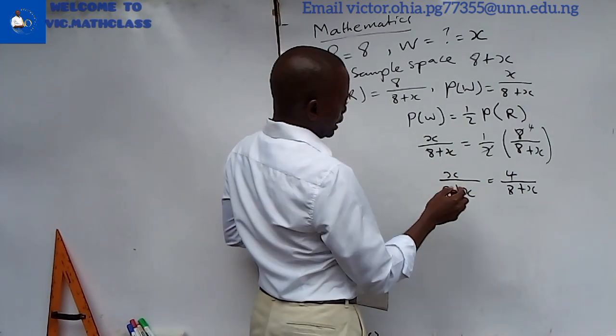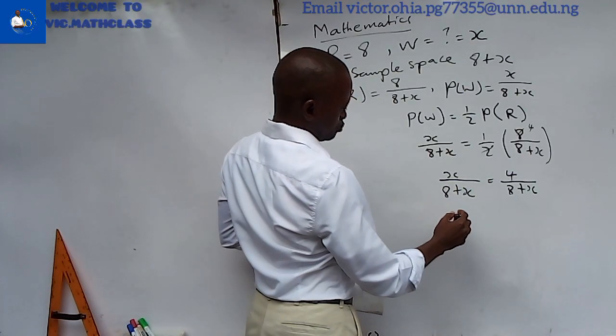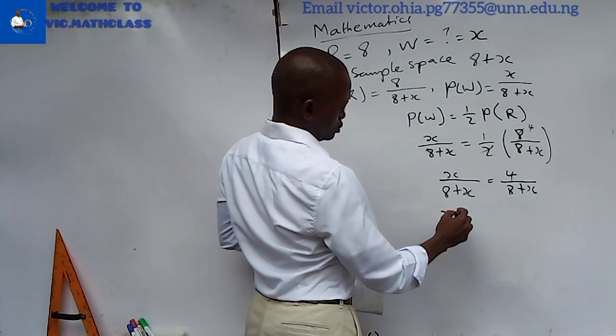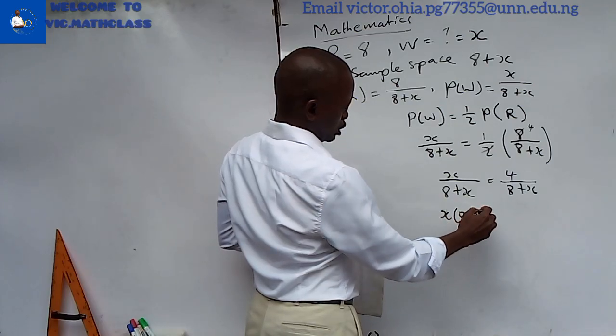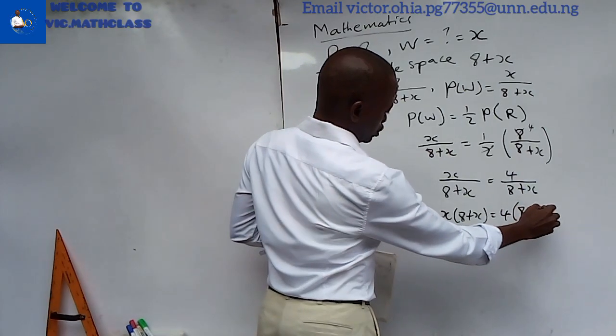If we cross multiply, we are going to have, let me write it, X bracket 8 plus X equals 4 bracket 8 plus X.